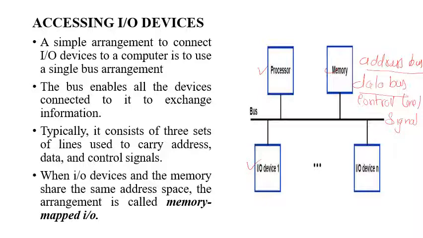So a single bus will have a three-bus arrangement. This single bus is arranged into three different lines, one carrying the address, the other carrying the data, and the other carrying a control signal.